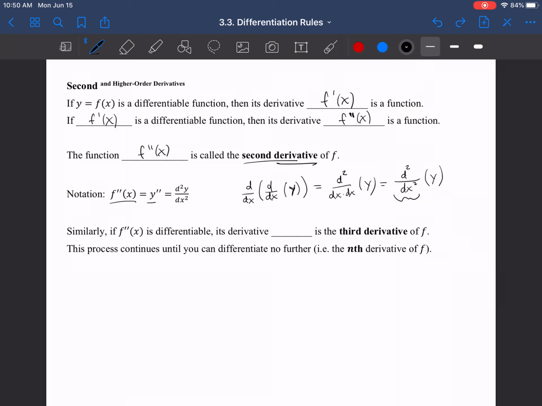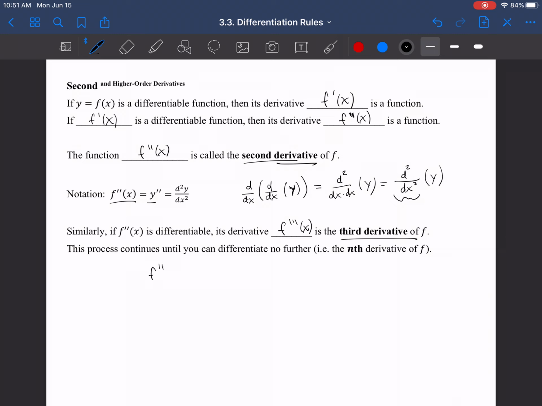Similarly, if f double prime is differentiable, its derivative, f triple prime of x, is the third derivative of f. This process continues, and you can continue it until you can differentiate no further, which is what the nth derivative is. After the third derivative, you start listing things like this.